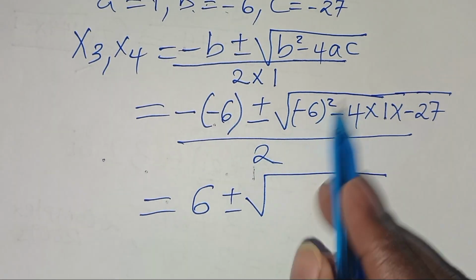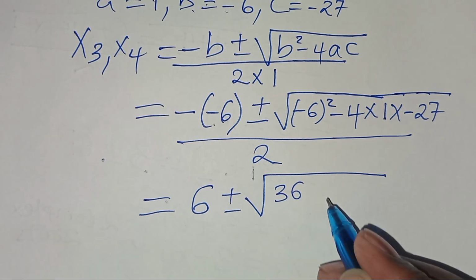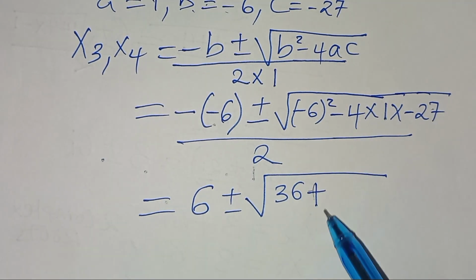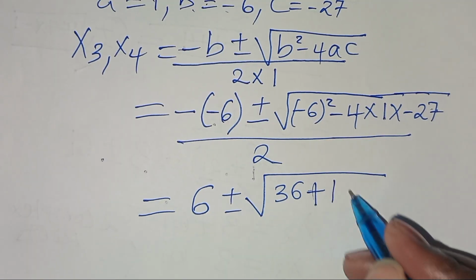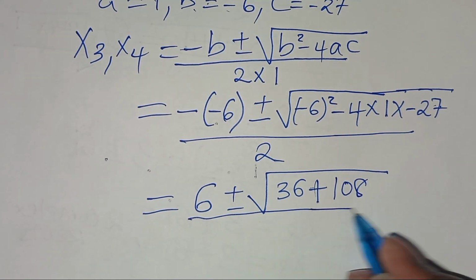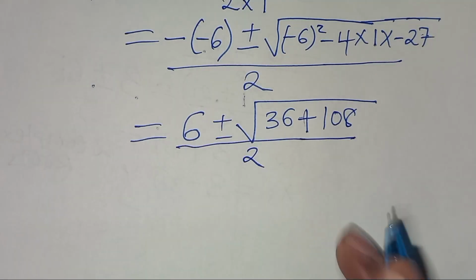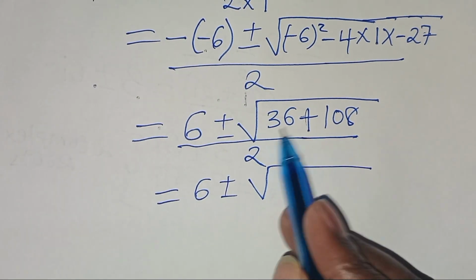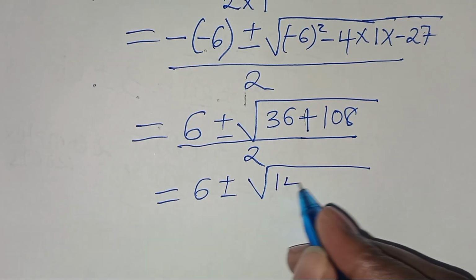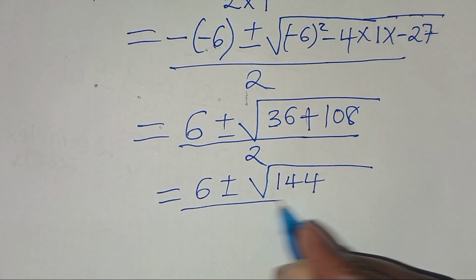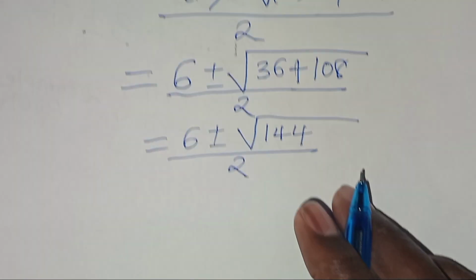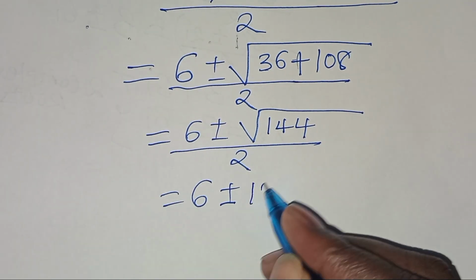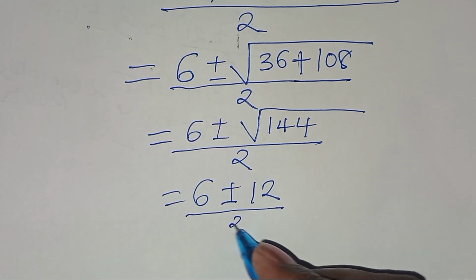Here we have negative 6 squared, which is 36, plus, now negative 27, negative times negative is positive, then 4 times 27, this is 108, then divided by 2. So here we have 6 plus or minus the square root of 36 plus 108, which is 144, divided by 2. So here we have 6 plus or minus the square root of 144, this is 12, divided by 2.